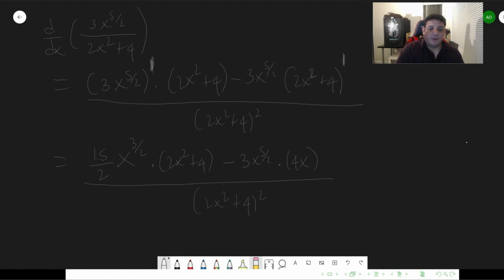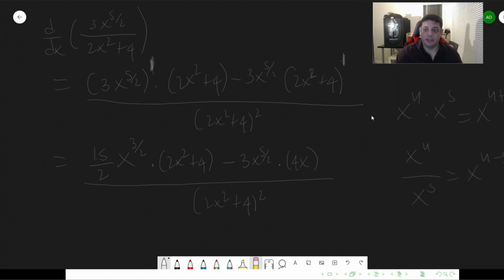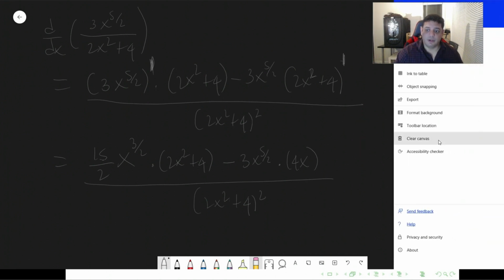And of course, here you can simplify, you can multiply powers. Remember that you have to use the formula x to the m times x to the s is just the sum of the exponents. Or if you're playing with negatives, then this is what happens. Okay, so that's the type of calculations that we do when we're using quotient rule.